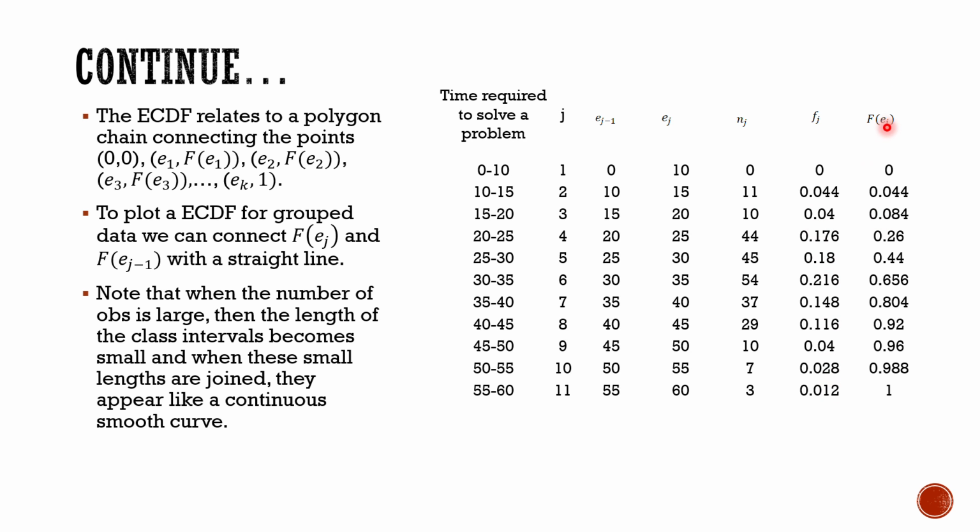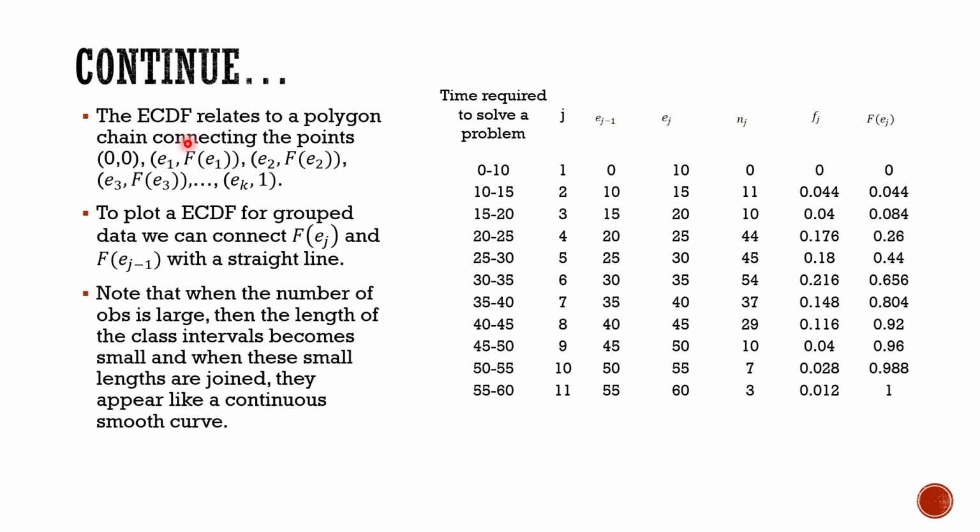And what is F(e_j)? Simply, you will have to add, because it is cumulative, so you add everything. So for class 15 to 20, this would be 0.044 plus 0.04, that is 0.084, and so on, and this will go up to 1.